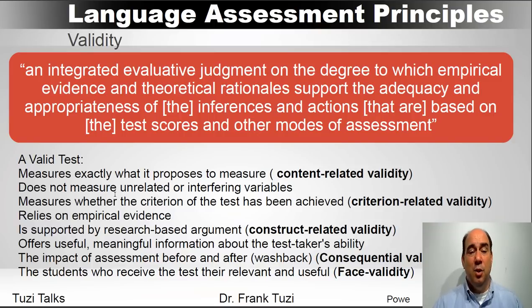Let's break it down into a couple more detailed things, because there are a variety of types of validity. Okay, most common would be that a valid test measures exactly what it proposes to measure. Are you actually measuring what you're supposed to be measuring? You may not be. Case in point, I was administering a grammar test.